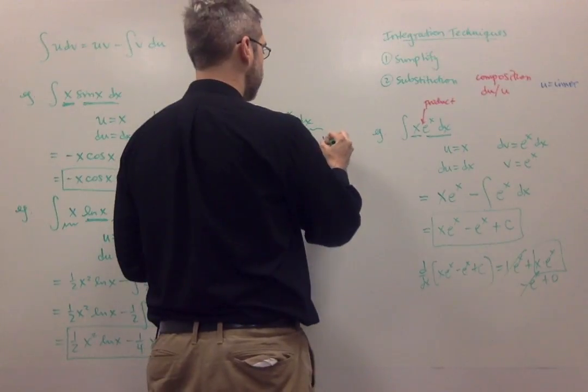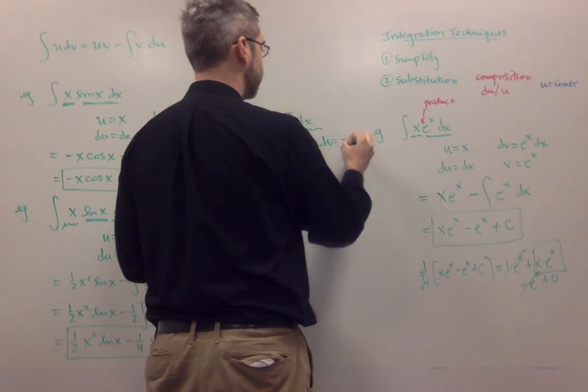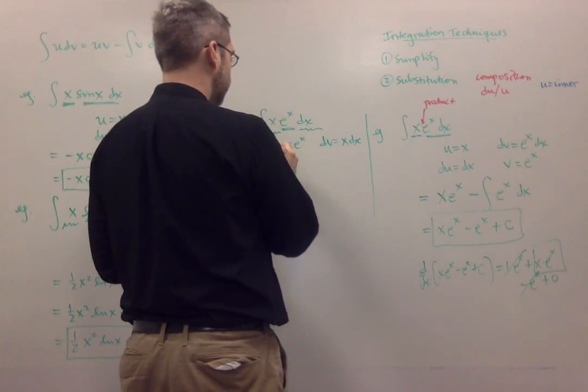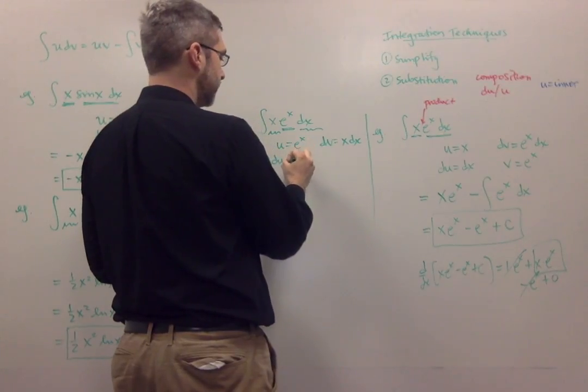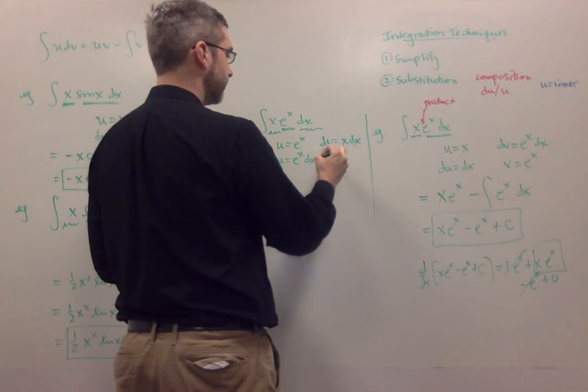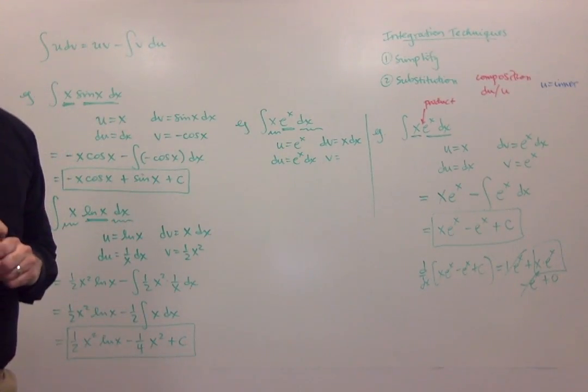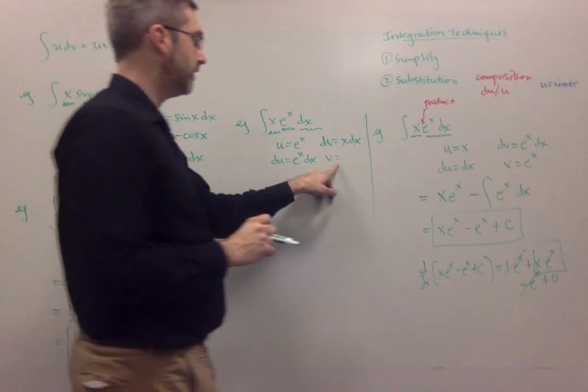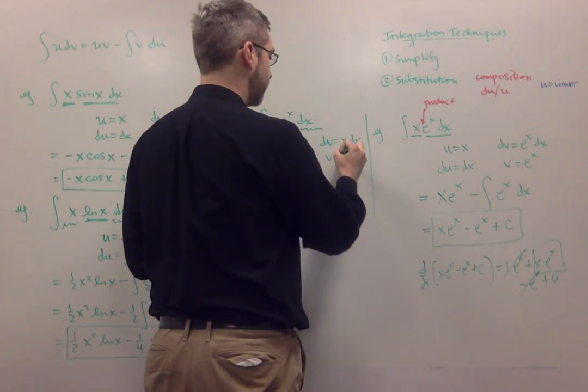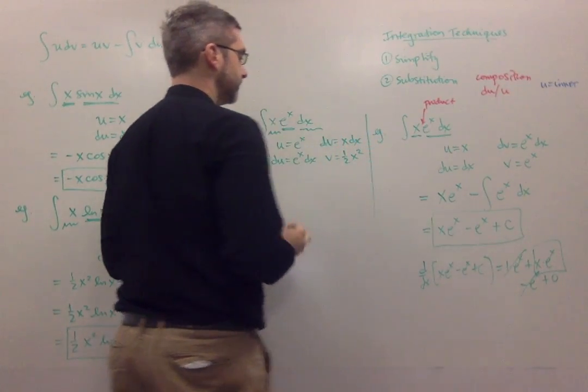So dv is going to be x dx. So then my du is just e to the x dx. And what would v be? Okay, the antiderivative of x is going to be 1/2 x squared.